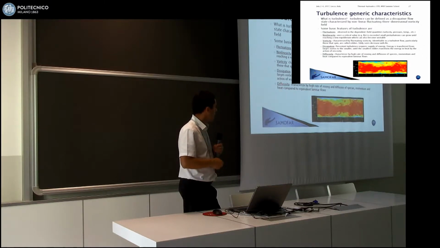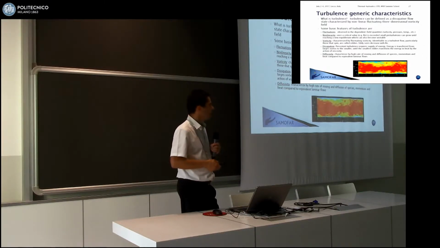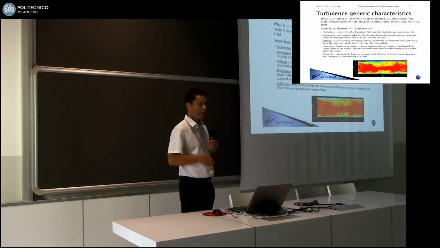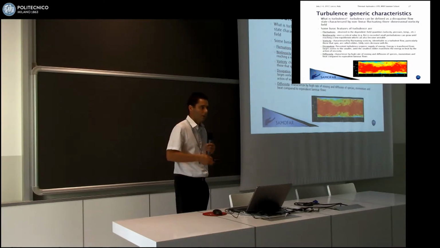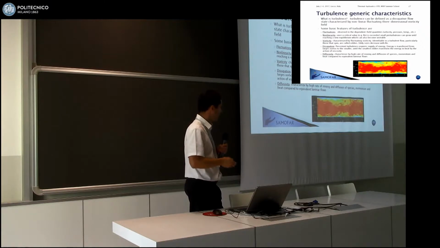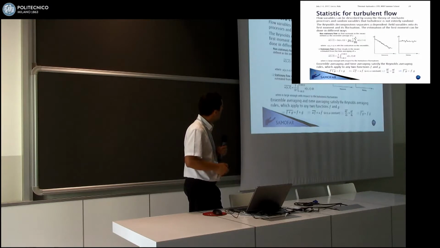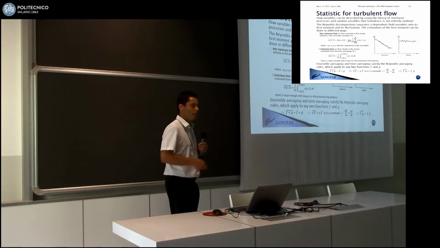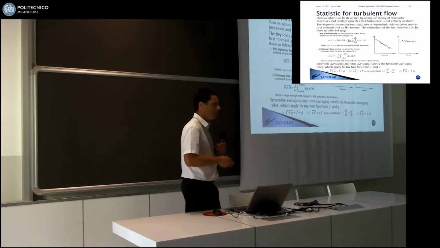And another point is diffusivity. So when you have turbulence, you will have a higher transfer of heat, higher transfer of momentum. This is the reason why many industrial systems use turbulent flow, because the heat exchanger will be much more efficient in this regime. So how do you model turbulence? We still have the Navier-Stokes equation, but how do we numerically solve it?